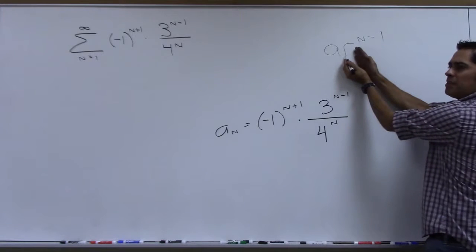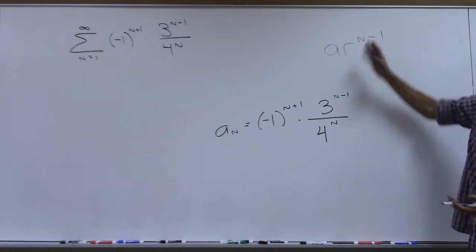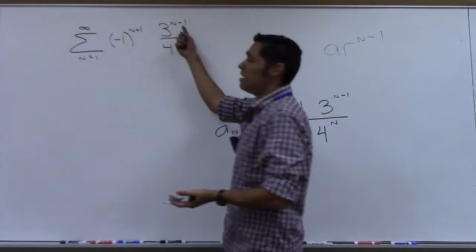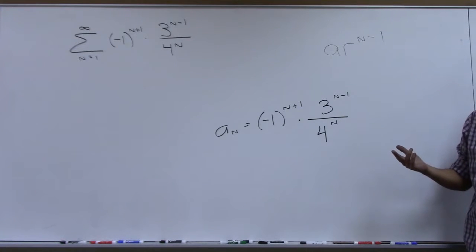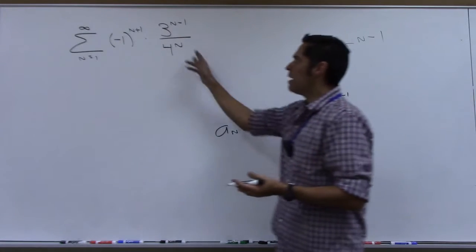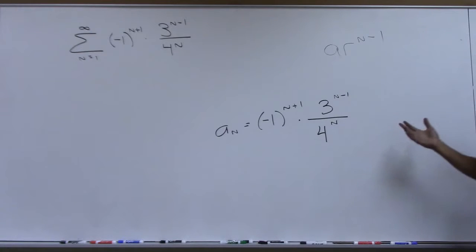You need a base number, and then you need the powers to be n's, right? I have a bunch of powers that are n's, but one of them is an n plus 1, the other one's an n minus 1, the other one is an n. Is that intimidating us or no? Of course not, because we got hidden zeros all day long, right? We can make all these n minus 1s if we just push them around enough. So I'm not worried about that. Are you?